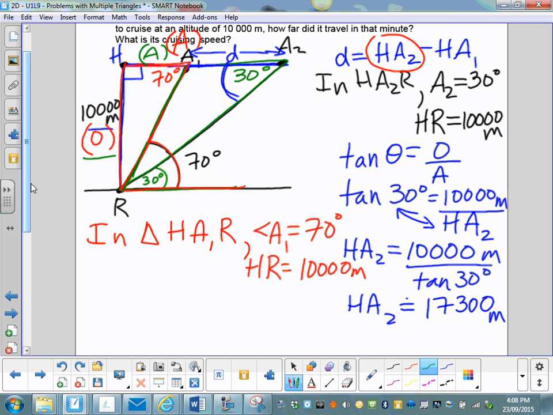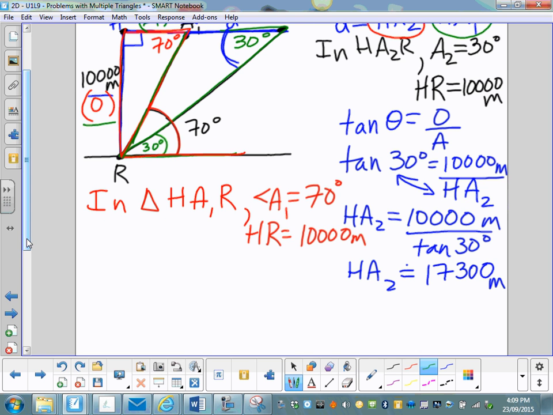But we're trying to find this length at the top, and that's from H to A1. We need that to help find that distance that the plane has traveled in that minute at the top. So we're going to have to use that side at the top that we're trying to find.